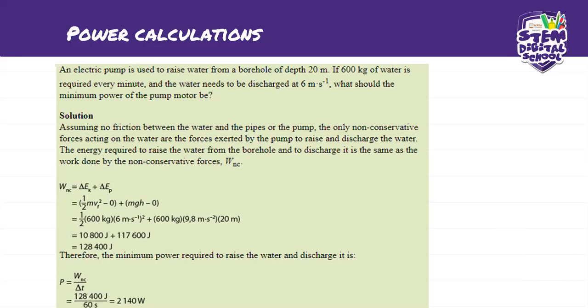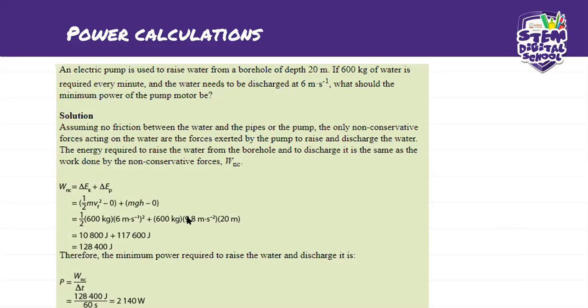So now the work non-conservative is going to be change in kinetic energy plus change in potential energy. Okay, so for this one it's going to be 0 for both initial. Okay, so it's final minus initial plus final minus initial. Okay, so it's going to be half times 600.